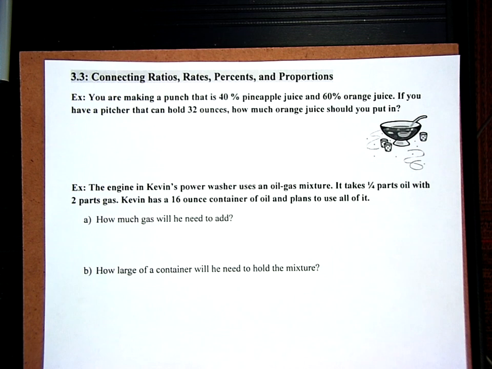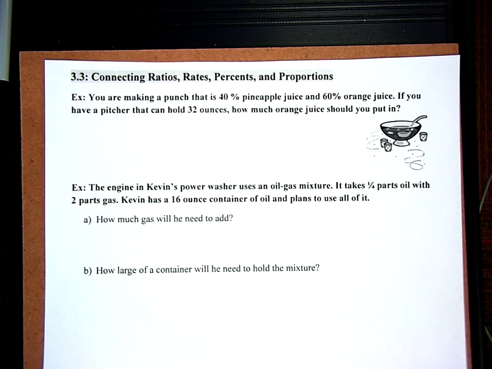You are making a punch that is 40% pineapple juice and 60% orange juice. If you have a pitcher that can hold 32 ounces, how much orange juice should you put in? So we have a pitcher that would be holding both pineapple juice and orange juice.